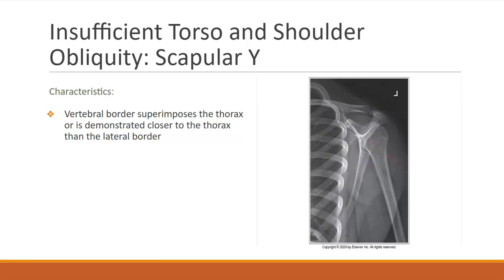On the other hand, when obliquity is insufficient for a Y view, the vertebral border of the scapula superimposes the thorax or appears closer to the thorax than the lateral border. Similar to excessive obliquity, the glenoid cavity will follow the direction of the lateral border, affecting its alignment in the projection. This can impact the clarity and detail needed for proper evaluation of the shoulder.